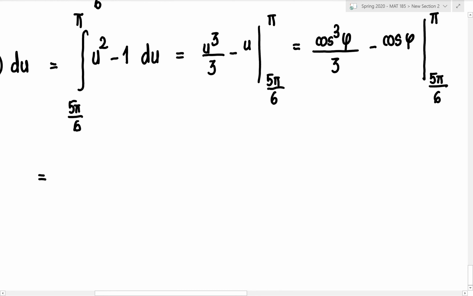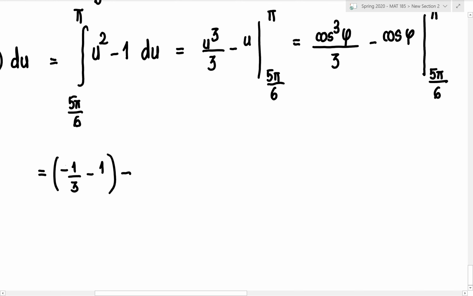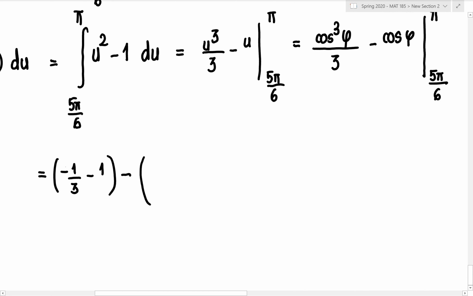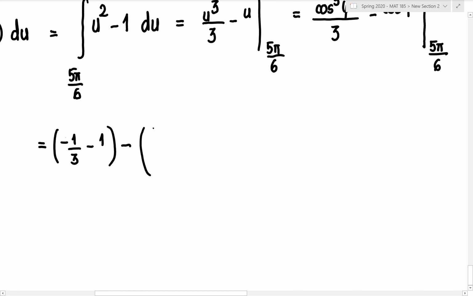All right, so let's look at this here. So I have cosine cubed of pi. Cosine of pi is negative 1, so I get negative 1 over 3 minus 1, minus cosine cubed of 5 pi over 6. And cosine of 5 pi over 6 is going to be negative radical 3 over 2.